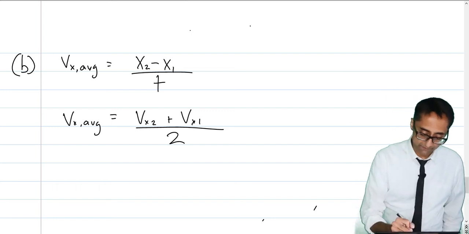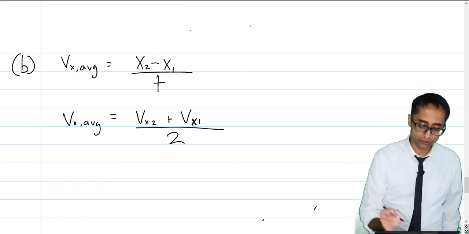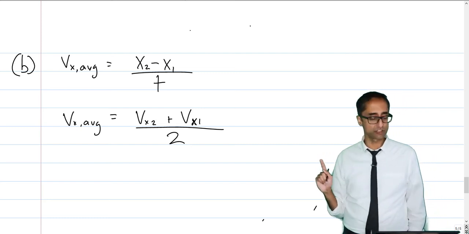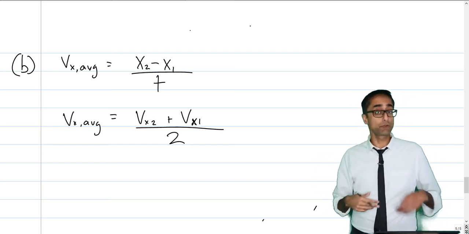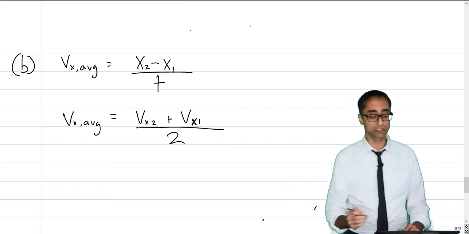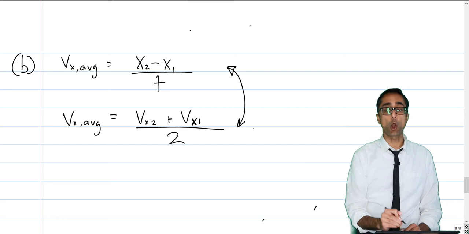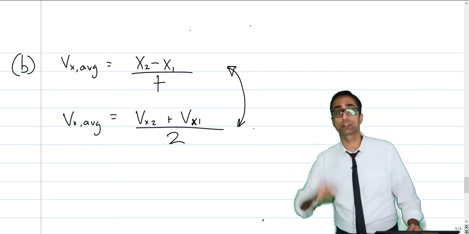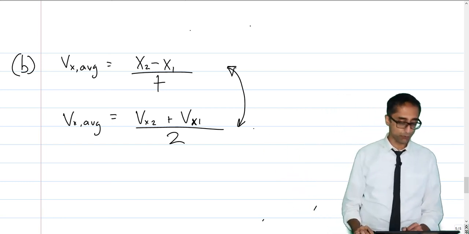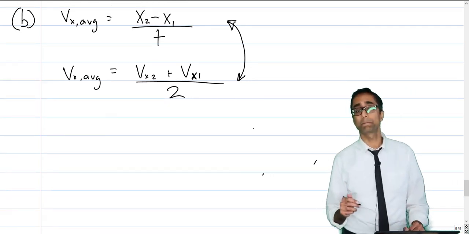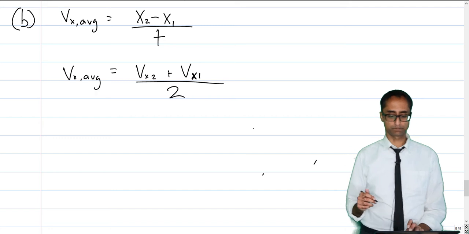And so now what we have is interesting because we have two equations that both describe the average velocity of an object. And even though I don't really care about the average velocity of that object, I do care that those two values are equal to each other, or those two equations are equal to each other. So let's make the right-hand side of those two equals and see what happens.